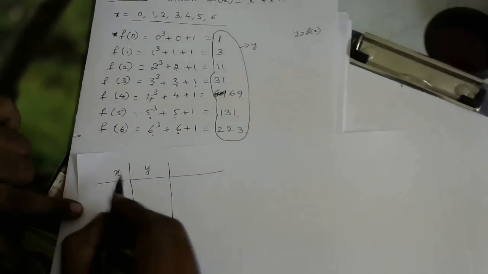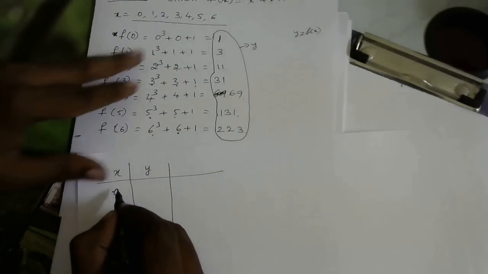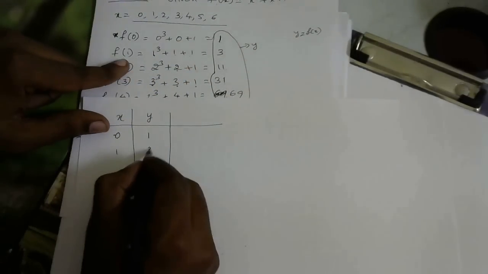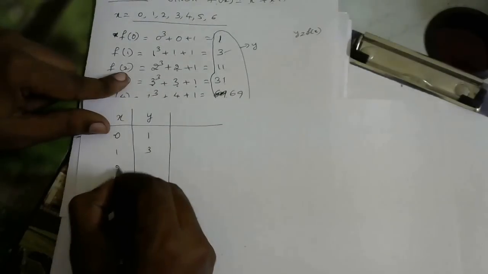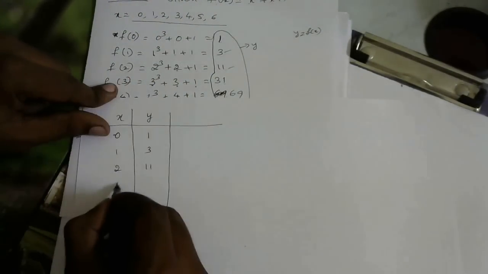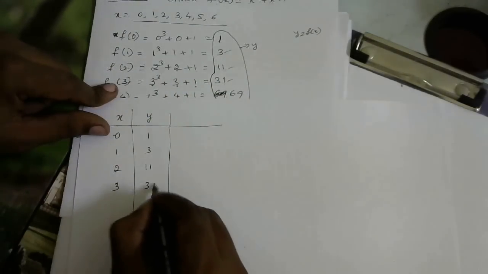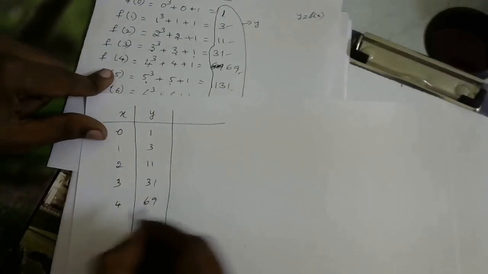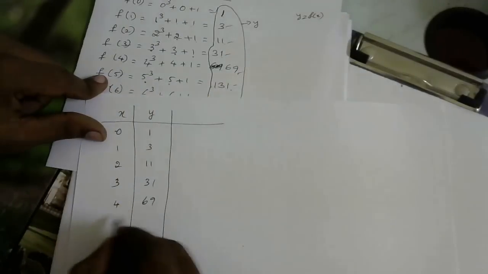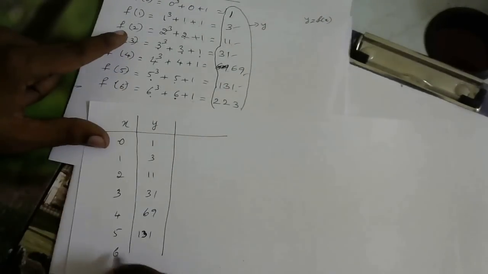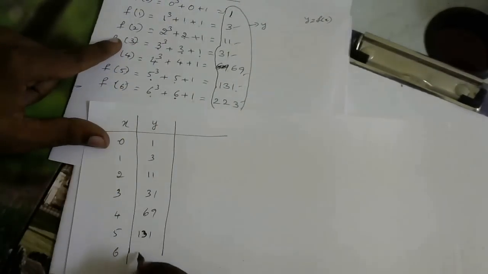So now, for x equal to 0 it is 1, for 1 it is 3, for 2 it is 11, for 3 it is 31, for 4 it is 69, for 5 it is 131, and for 6 it is 223.